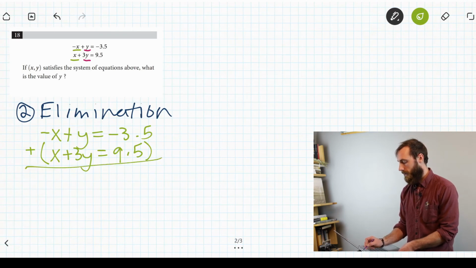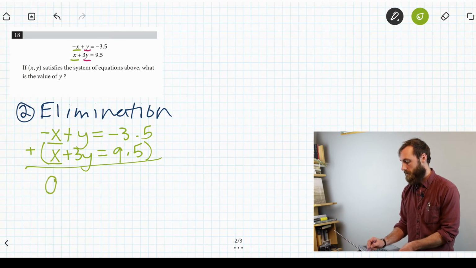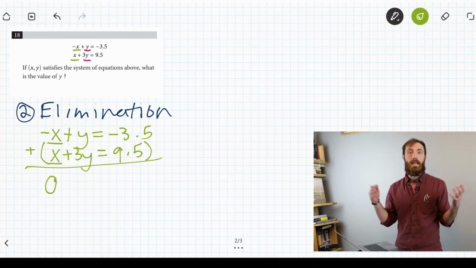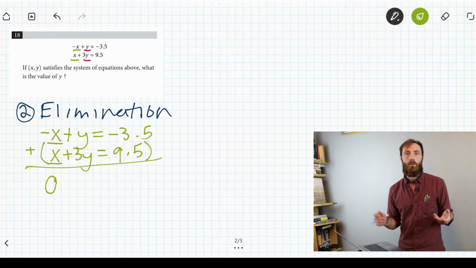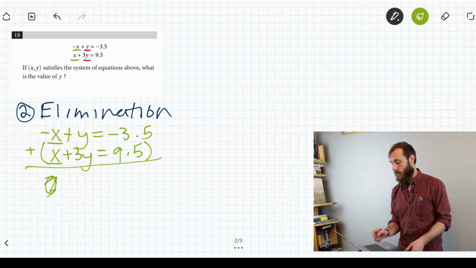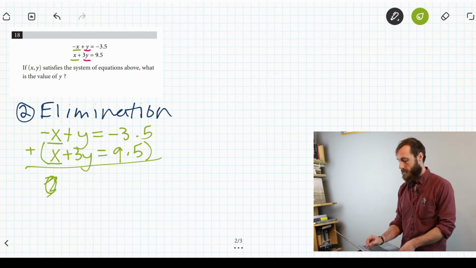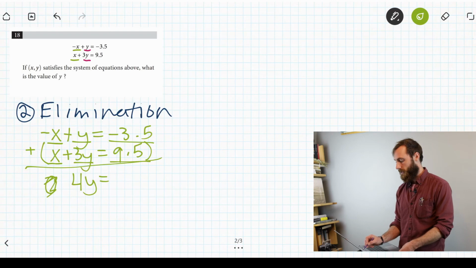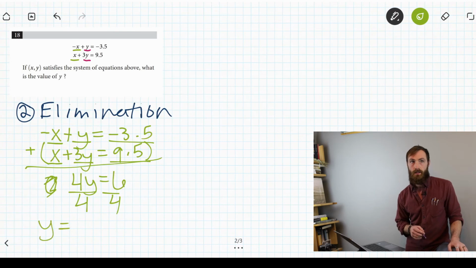And when we do that, we'll find -x plus x equals 0, which, just like with substitution, gets us one variable alone. Now we're only going to have y's here. Then we combine the y's: y plus 3y is 4y. Make sure you do to the left what you do to the right side. So -3.5 plus 9.5 is going to equal 6. Divide by 4. We done?